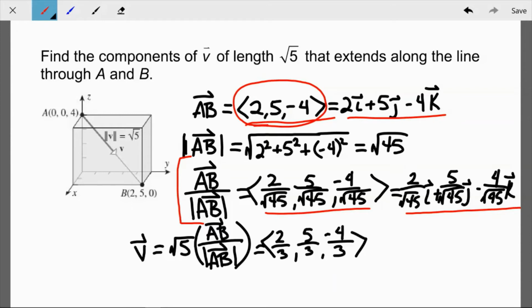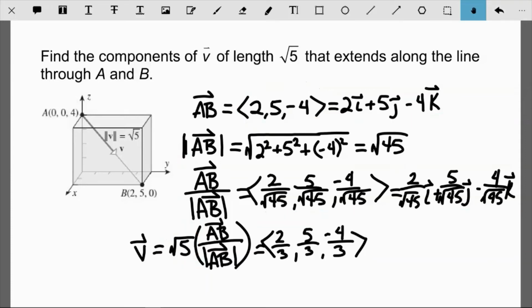So now all I'm going to do is multiply by that scalar value, square root of 5, and that's going to give me a vector that now points in the same direction as AB, but has a length of the square root of 5. So I essentially reduced it down to a vector that has a length of 1, and then just multiplied by whatever scalar I needed to get the length that I need.